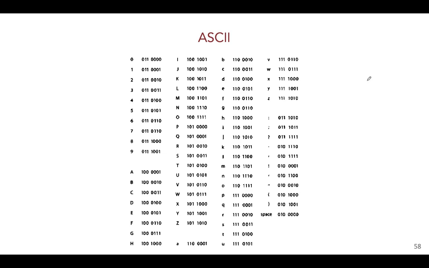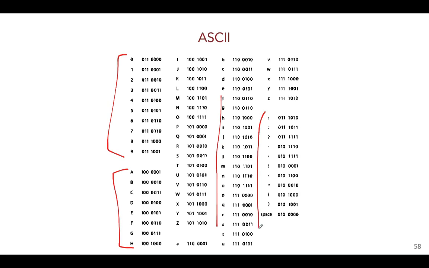This is your ASCII chart, and this gives you the ASCII codes for all numerals, all letters, capitals and small, and all symbols. You can see that every numeral, alphabet or symbol is represented using 7 bits. Again, an 8th bit is sometimes added for parity.